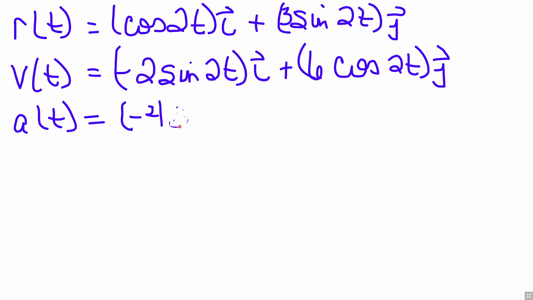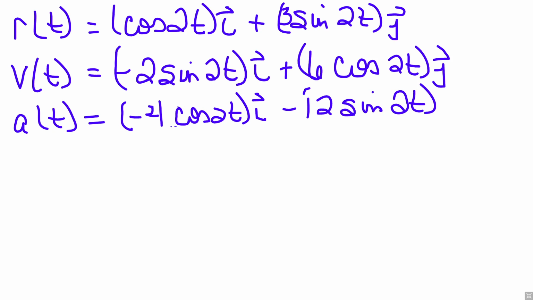Yes, it's going to be cosine in the i direction. All right, and what's going to be the derivative of the second component? Negative 12 sine 2t in the j direction. Okay, any questions there?